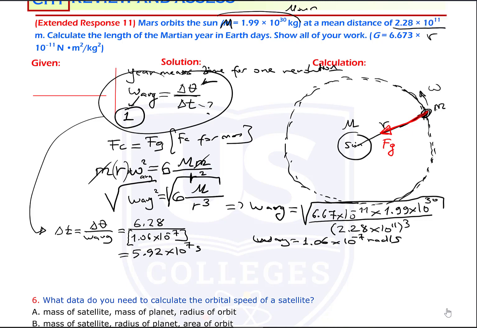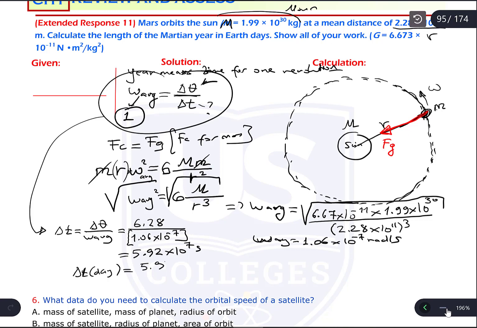This is delta t in seconds, but we should convert seconds to days. So delta t in days is going to be, I have to first change seconds to minutes by dividing by 60. Now it's minutes. Minutes to hours by dividing by 60.